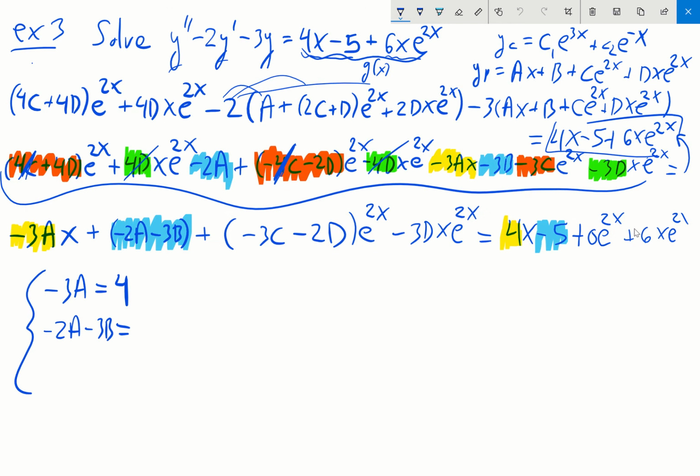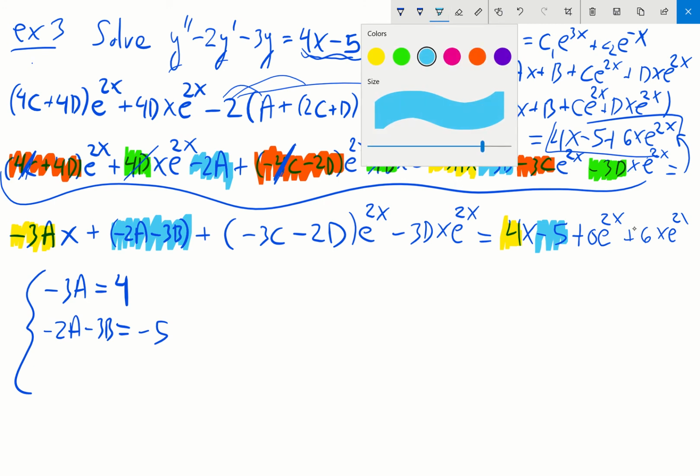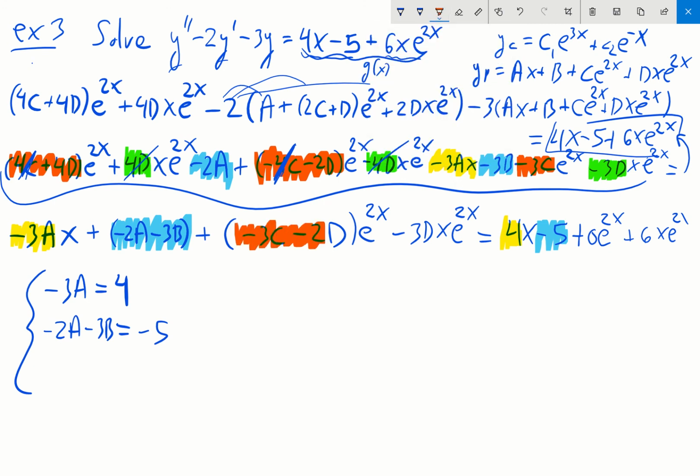If we now compare the coefficient of the e to the 2x terms, negative 3c minus 2d will have to be equal to 0. And lastly, by comparing the coefficients of the x e to the 2x terms, we see that negative 3d will have to be equal to positive 6.